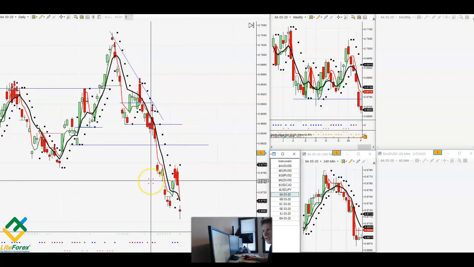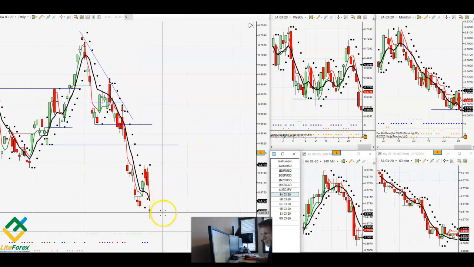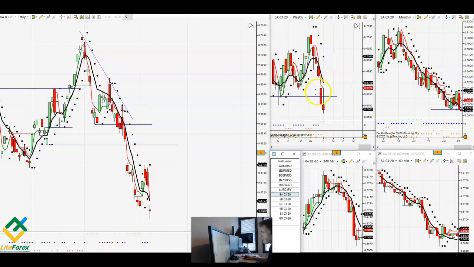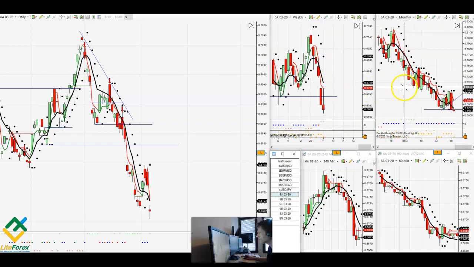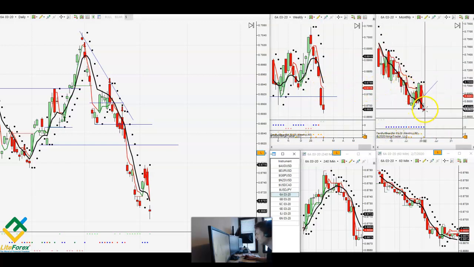Let's take a look at the Australian futures. Definitely looking a little bit different on the futures. Still have this long upper wick on the weekly chart. On the monthly, you can see I talked about this support at 67.02. Just based on the monthly chart, we closed below that.